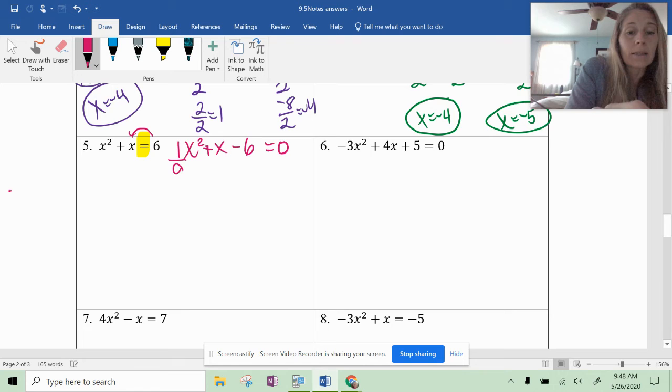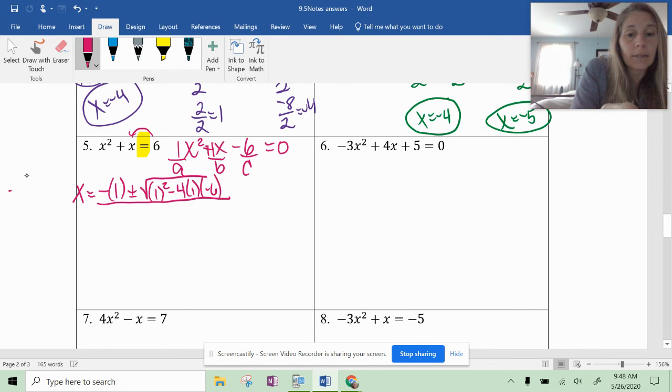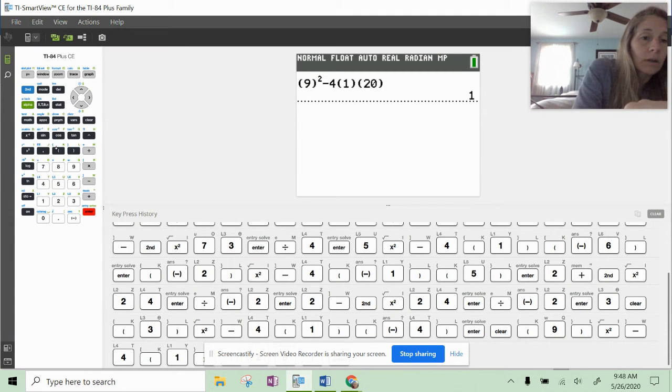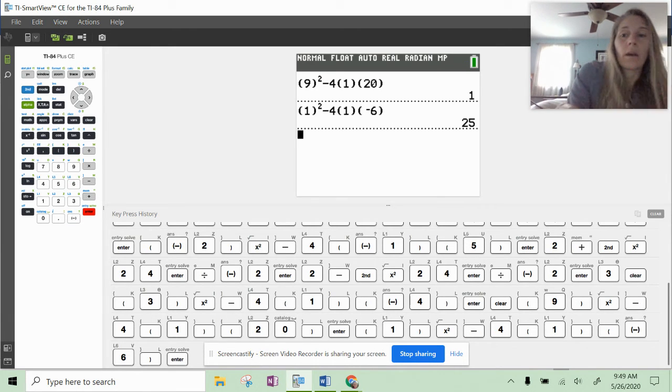So now I know my A is 1, my B is also 1, and my C is that negative 6. So I'm going to do negative B plus or minus the square root of B squared minus 4 times A times C over 2 times A. So now when I go to do my discriminant here, I have 1 squared minus 4 times 1 times negative 6, and I end up with 25.